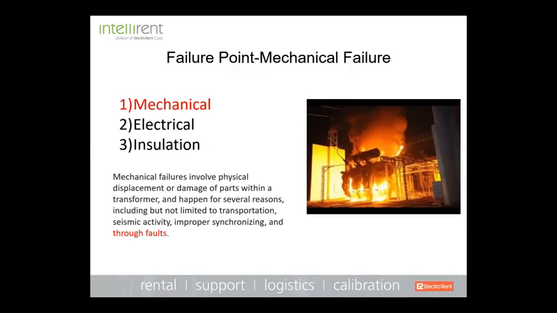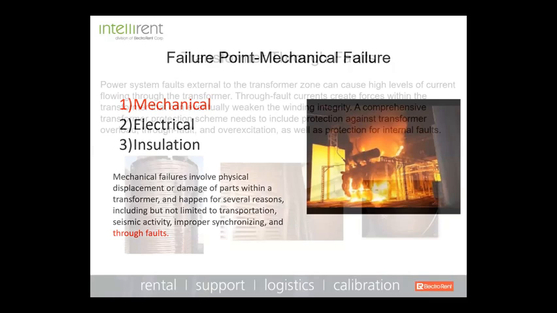Seismic activity, improper synchronizing on a GSU. But today, what we're going to focus on are through faults. So what Chris talked about really leads into this presentation quite well.